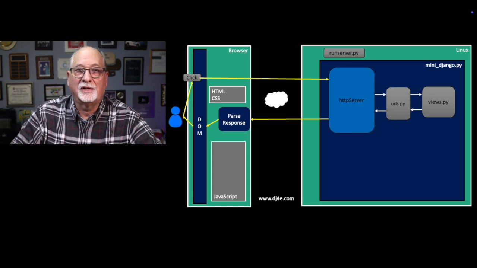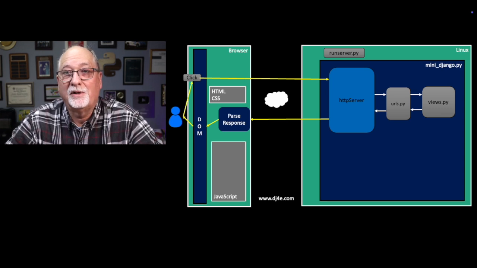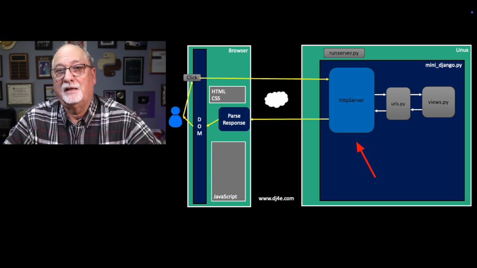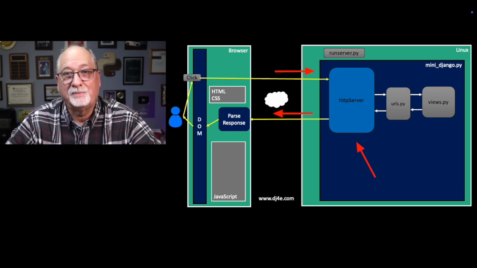So what I like to do is take Mini Django, which I've written, and the HTTP server part of Mini Django is under 100 lines of code, meaning you can look at it. It's a web server that responds to a request and sends back a response.